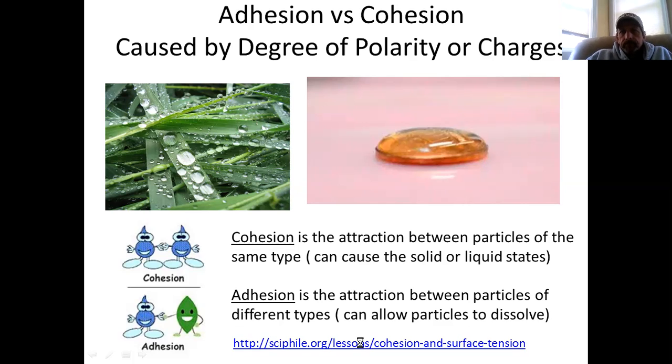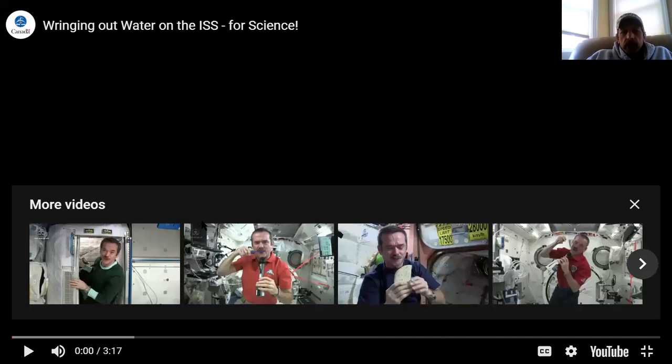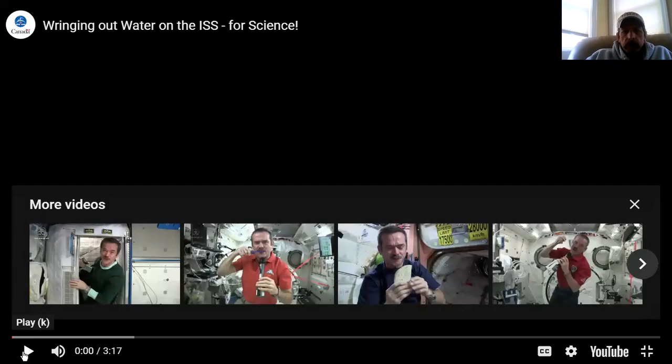Okay, so we're going to take a look at the properties of adhesion and cohesion in space. Remember, particles sticking to other particles, or particles sticking to the same particle, that's what we're talking about with adhesive and cohesive forces. So let's look at what happens in the absence of gravity with adhesion and cohesion. Pretty interesting stuff here.